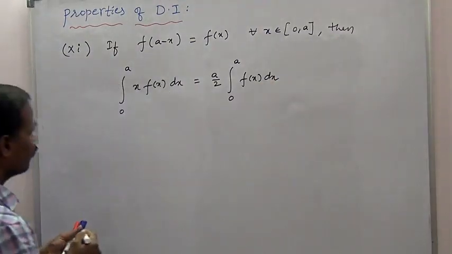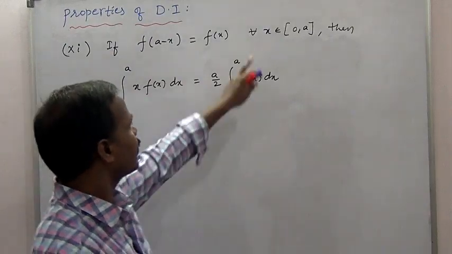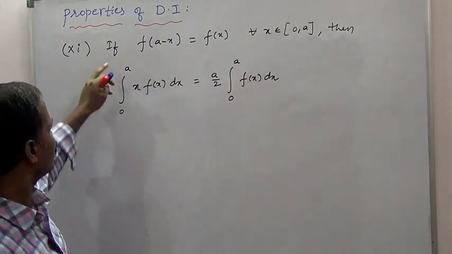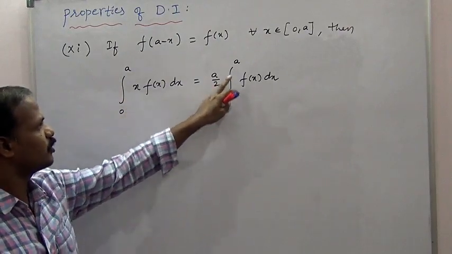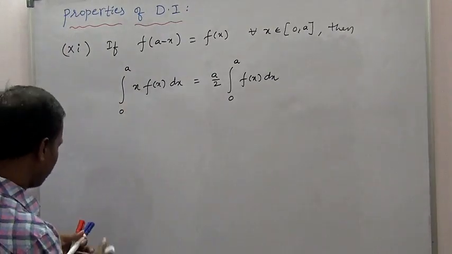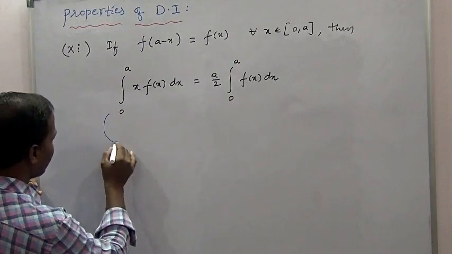So if f of a minus x equals f of x in this interval, then integral 0 to a x f of x dx equals a by 2 integral 0 to a f of x dx. So this is very simple.